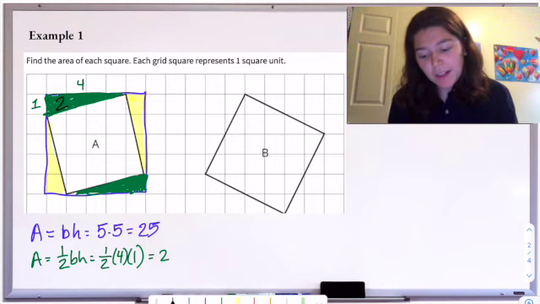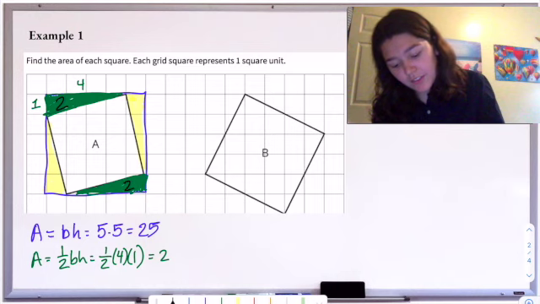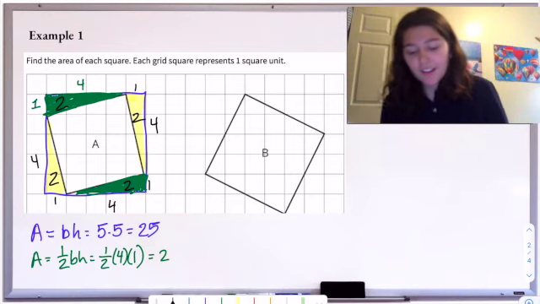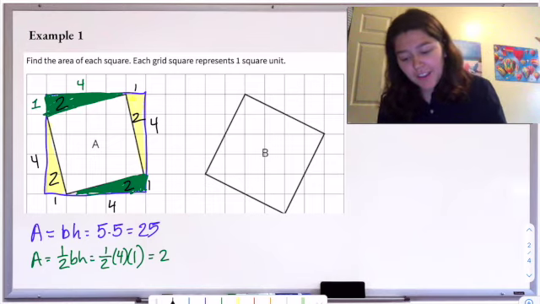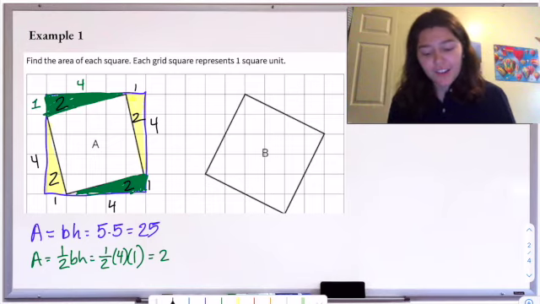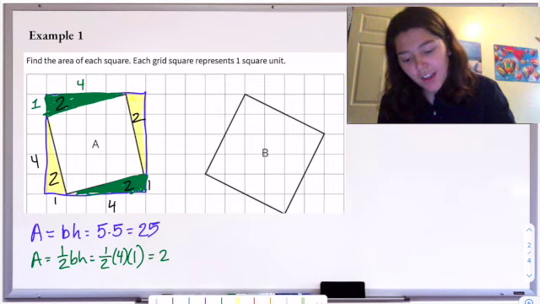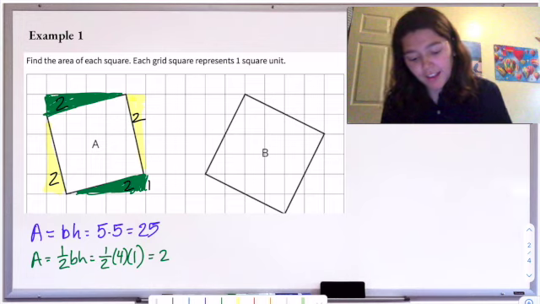With a quick look, I can see that all of these have an area of 2 because I have 1, 4, 1, 4, 1, 4, and they're all triangles. So collectively, each of these has an area of 2. And I know that the entire enclosed space, including that, had an area of 25.